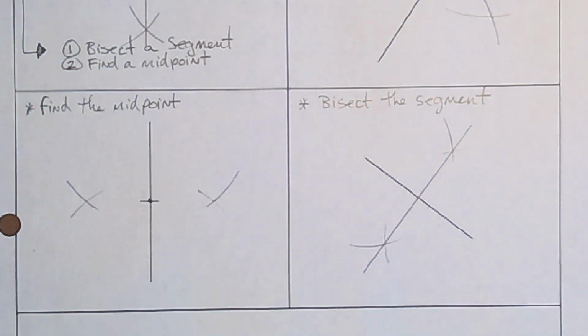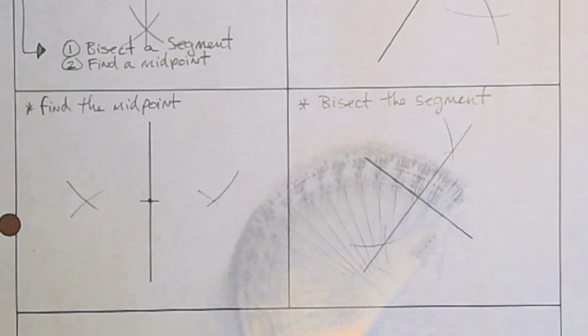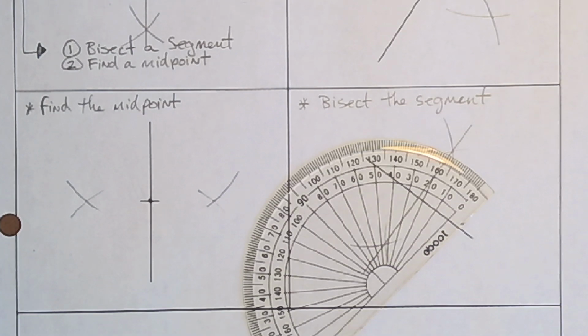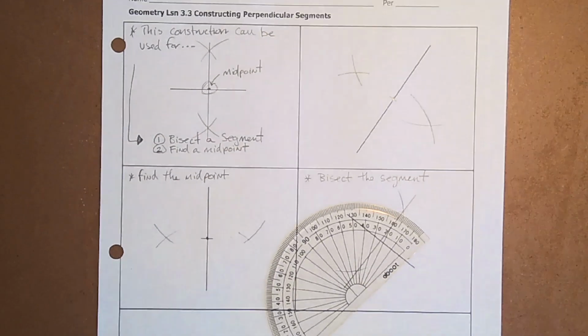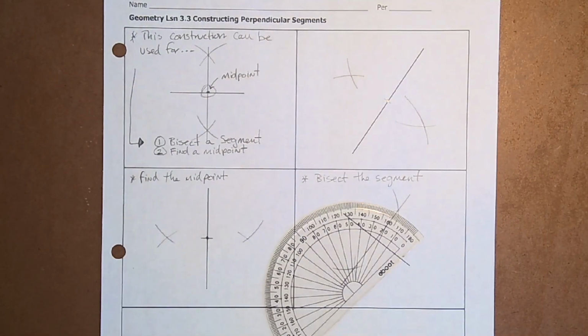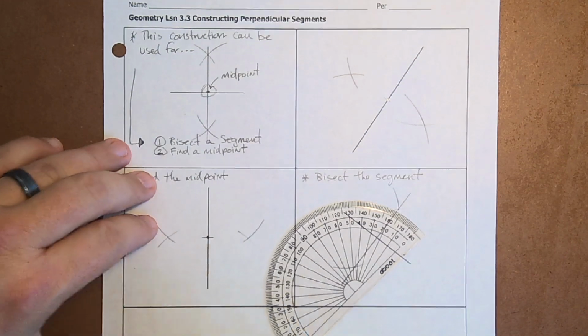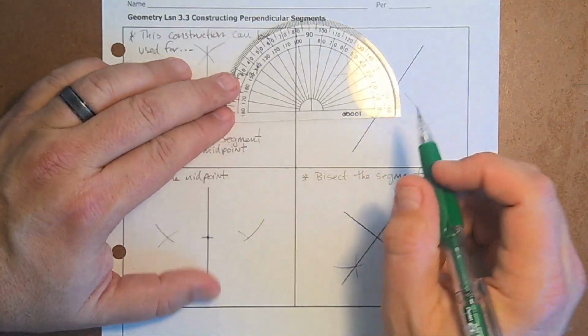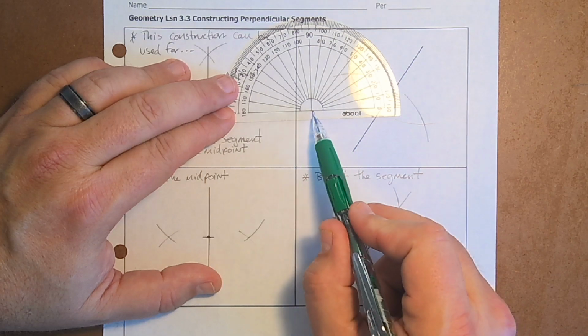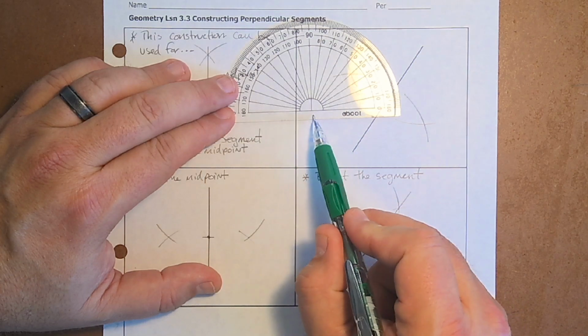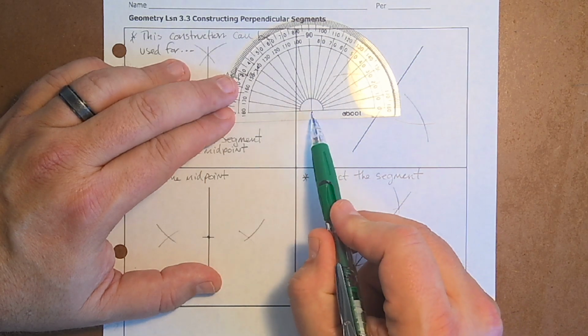So we've got this construction that helps us find the middle of a line, helps us bisect a line. Grab your protractor tool. Now, remember, if we want to measure an angle with our protractor, you can see I've got this little T intersection on my protractor. If I want to measure an angle, that's my vertex.